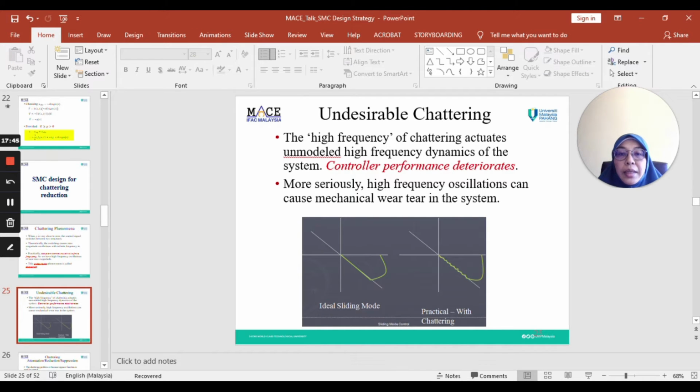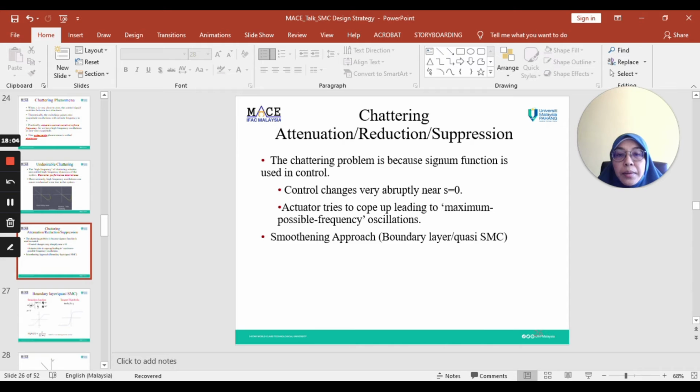Okay, so high frequency chattering actuates unmodeled high frequency dynamics. With this we will deteriorate our controller performance because of this chattering. So how can we reduce, attenuate, or suppress this chattering?